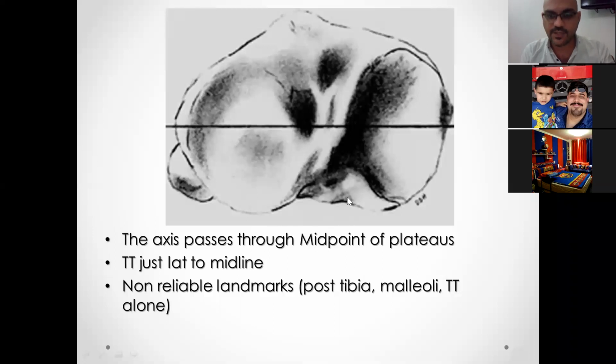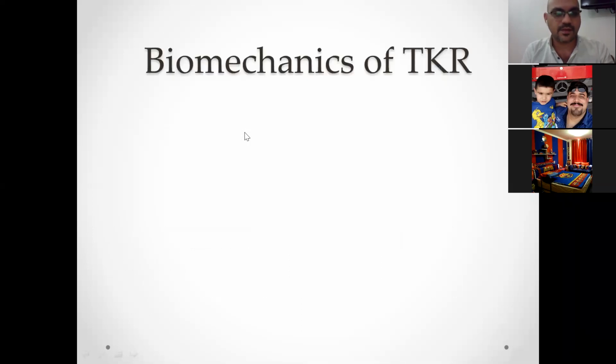So the tibial tuberosity alone is not a reliable landmark, nor is the line of the inter plateau of the tibia. So these are important anatomic features.